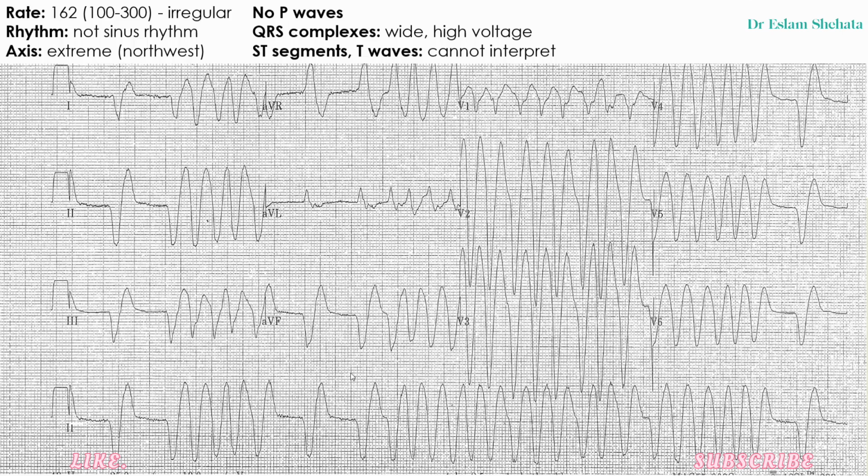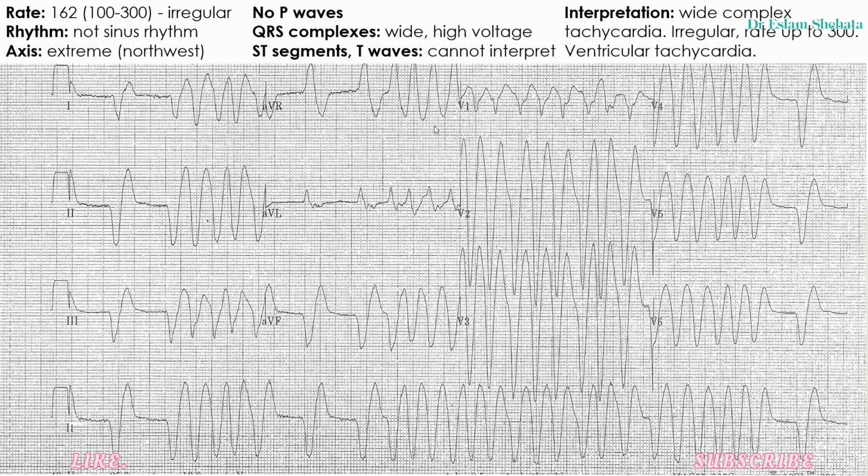Although, in a case like this, you may not have any P waves anyway, and that can happen in VT. QRS complexes are wide and high voltage. You can't interpret ST segments and T waves in this context. Interpretation-wise, it's a wide complex tachycardia, it's irregular, the rate is up to 300 beats per minute, it's ventricular tachycardia.